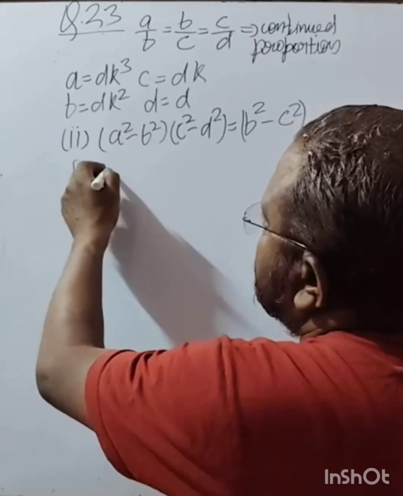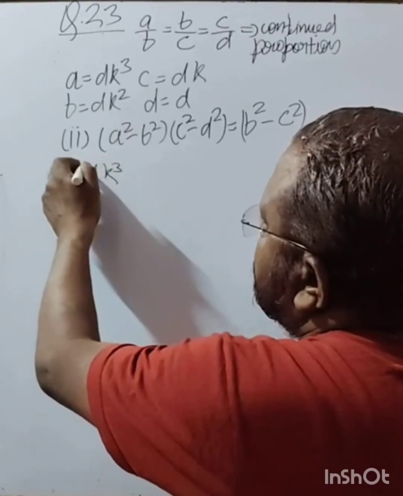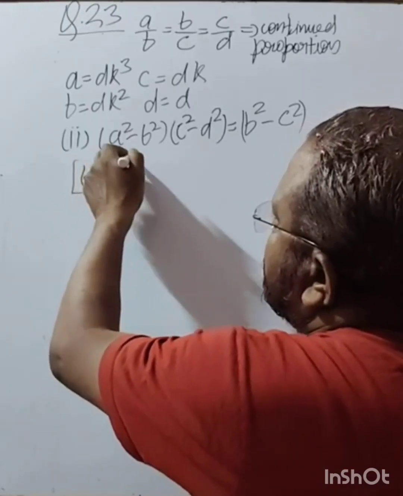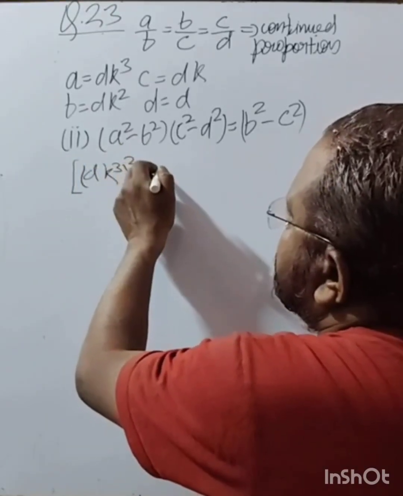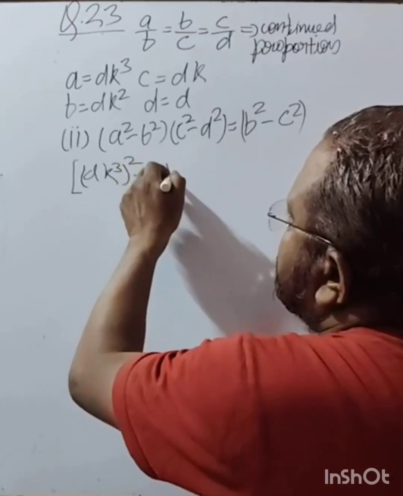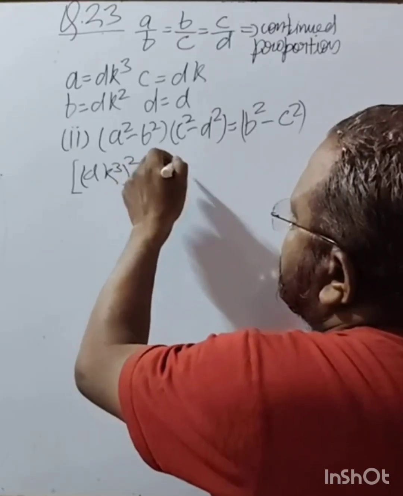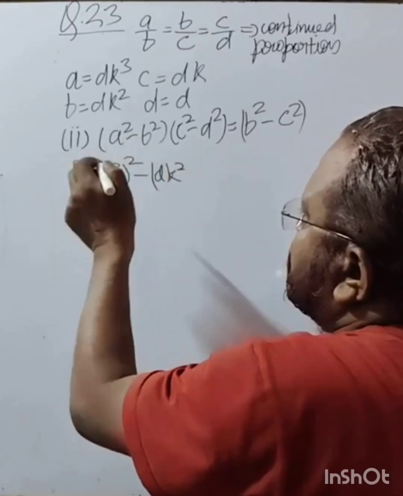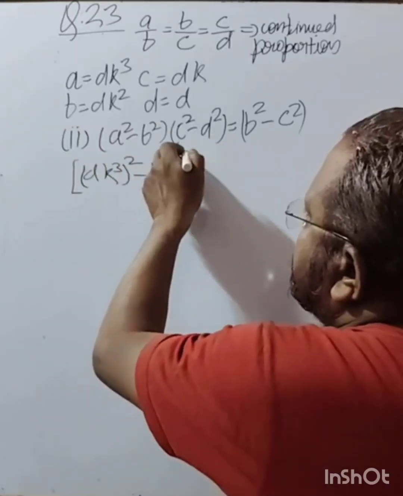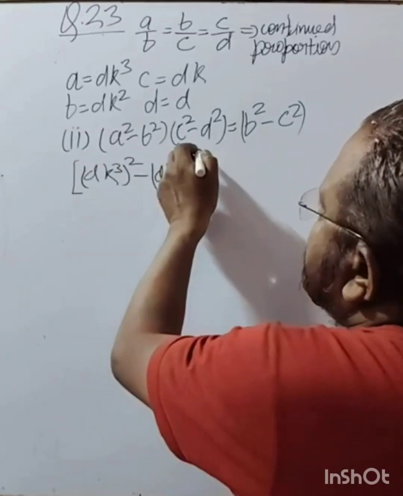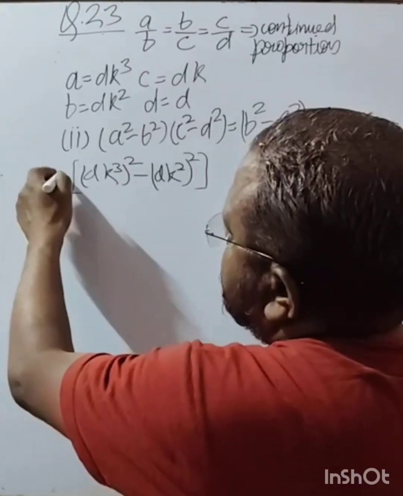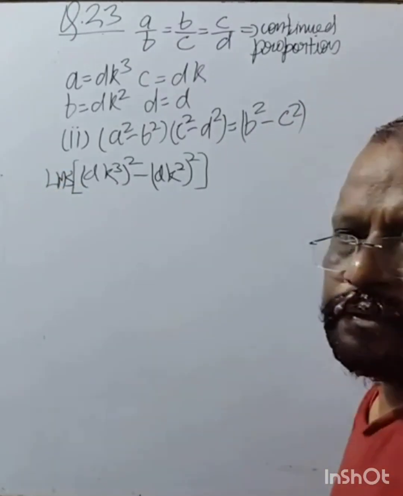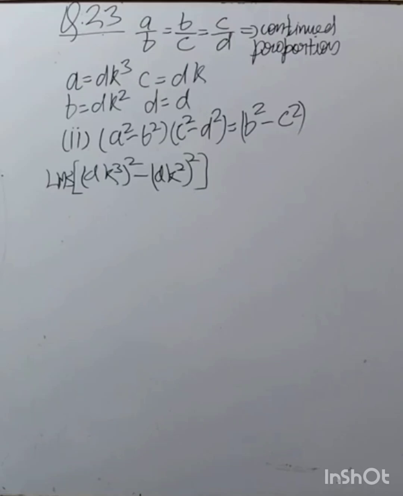(dk cubed) whole square minus (dk square) whole square. Take this as LHS. This we have as LHS.